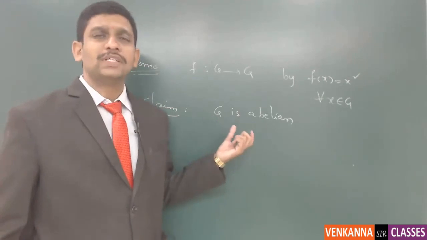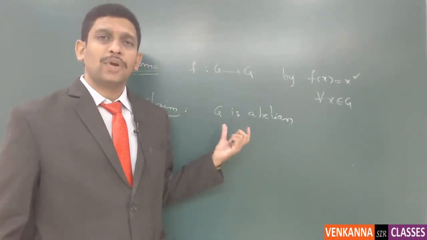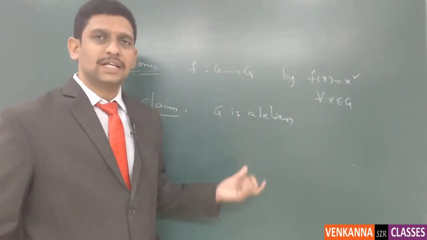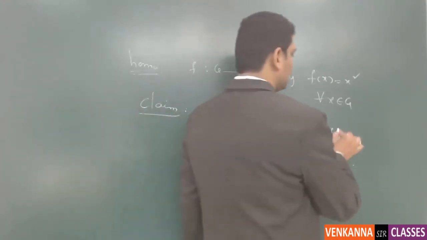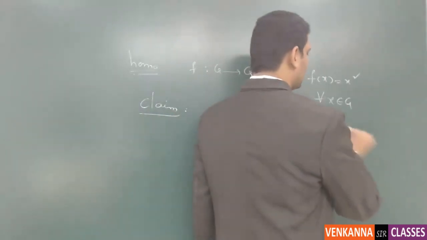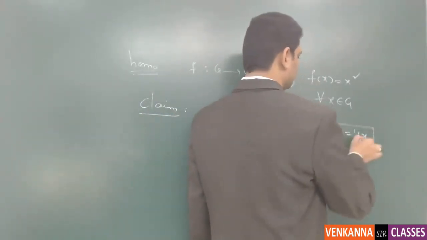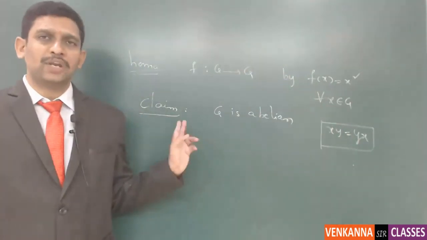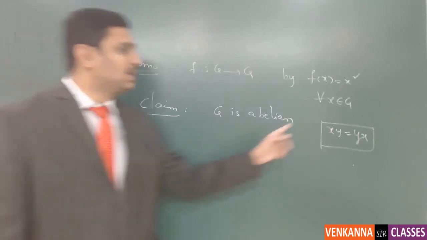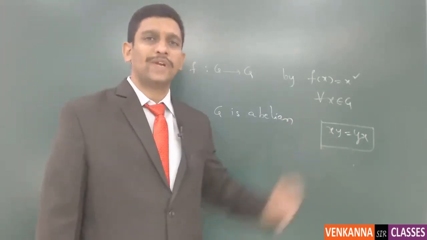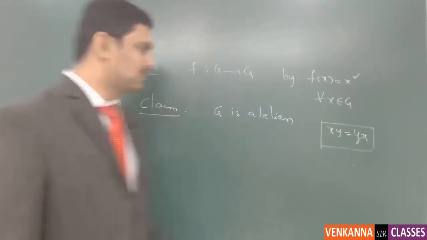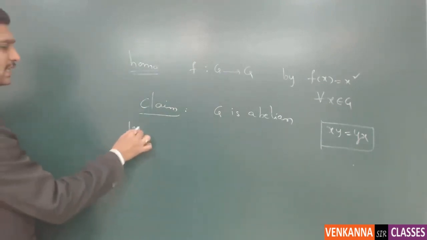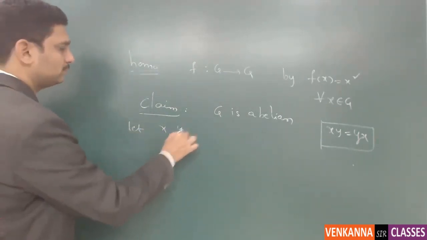To prove this, as far as the property of abelian is concerned, you have to show that xy is equal to yx. If you take any two elements in the group, we have to show that xy equals yx. So let us consider two elements x and y in the group.